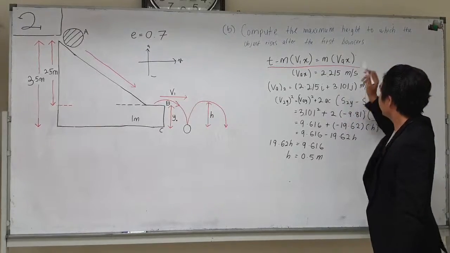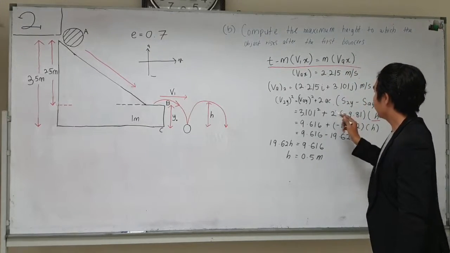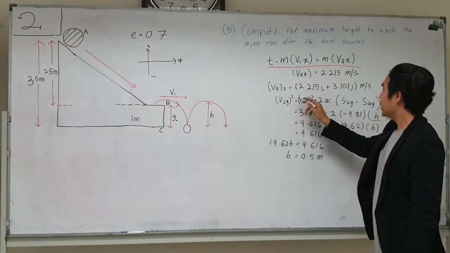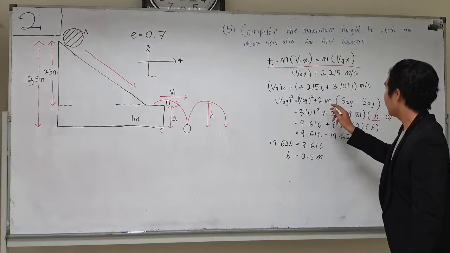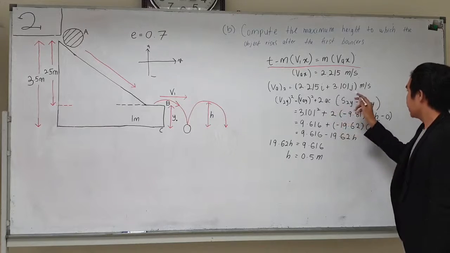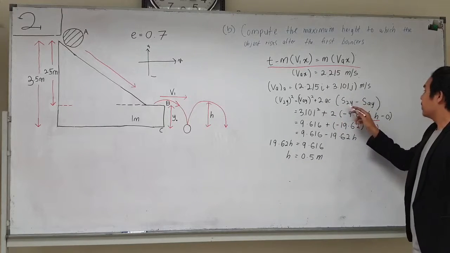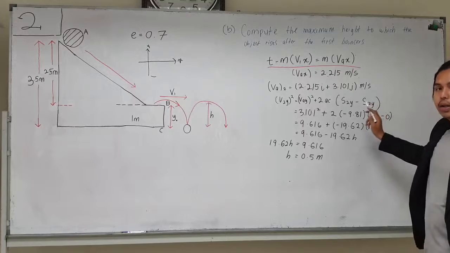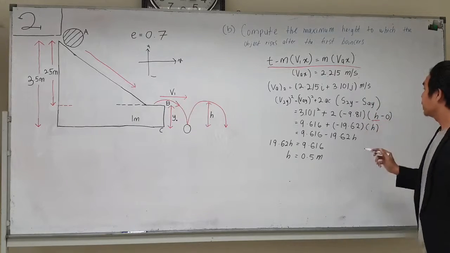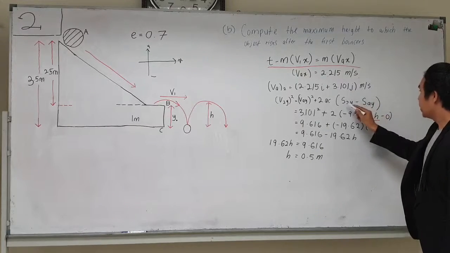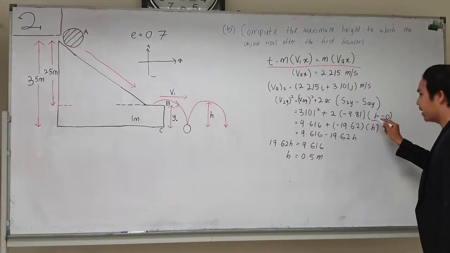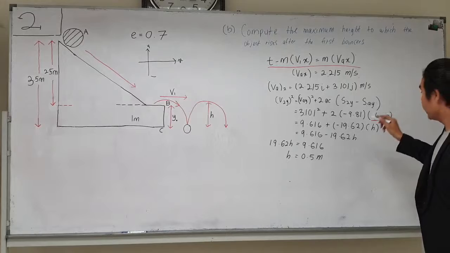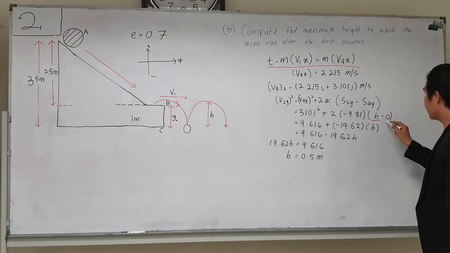Then V2Y squared equals VAY squared plus 2 times acceleration multiplied by S2Y minus SAY. We know that S2Y is the height h, the unknown, and SAY is 0.